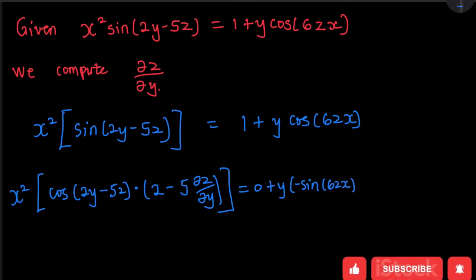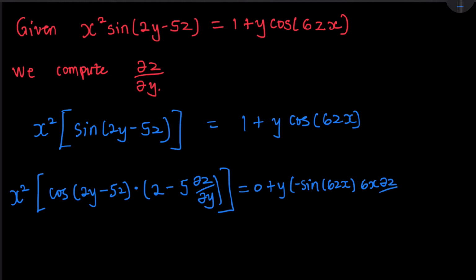Then we use the chain rule to differentiate what's inside, so we are going to have 6x ∂z/∂y. Then we keep cosine of 6zx, so that will be plus cosine of 6zx. Then we differentiate y with respect to y, so that's going to give us 1.